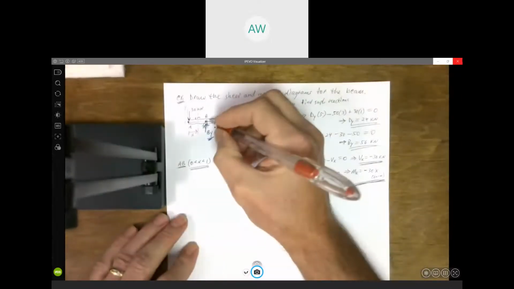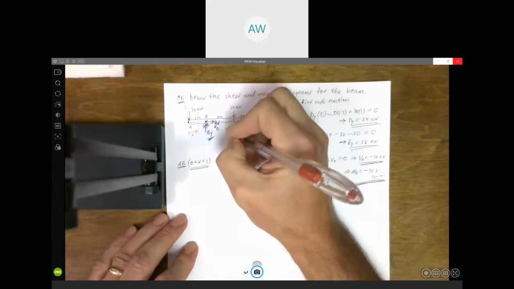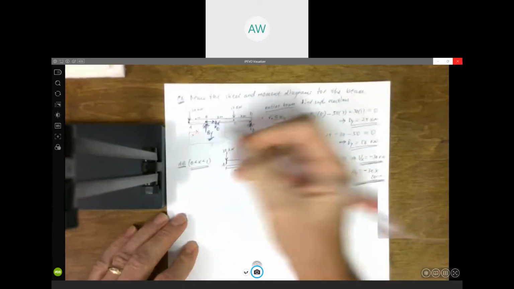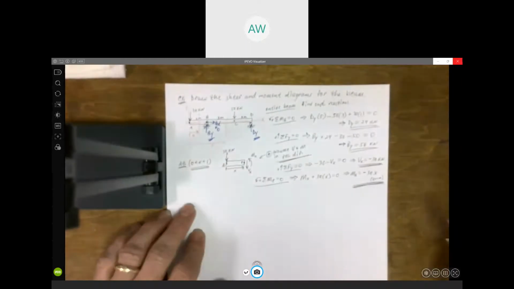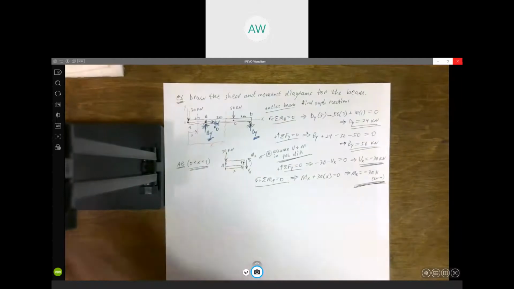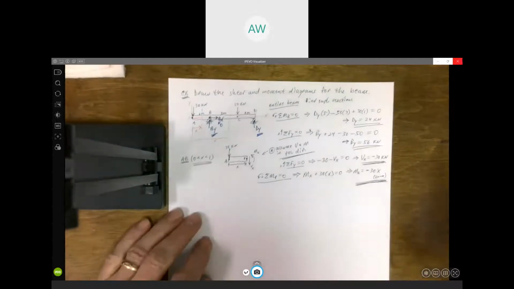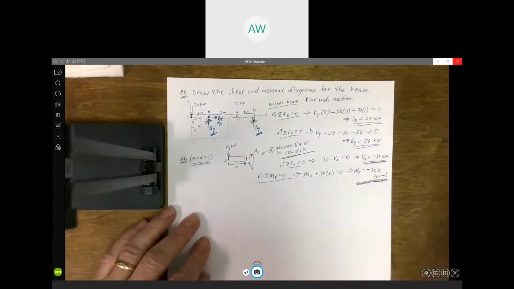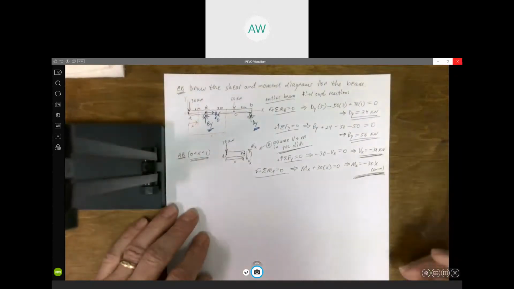We're going to come out here somewhere between B and C. So we're going to come out here, again, some arbitrary distance x, and cut that thing somewhere between B and C. Draw our free body diagram, apply our equilibrium equations, solve for V and M. And just repeat, wash, rinse, repeat, whatever.